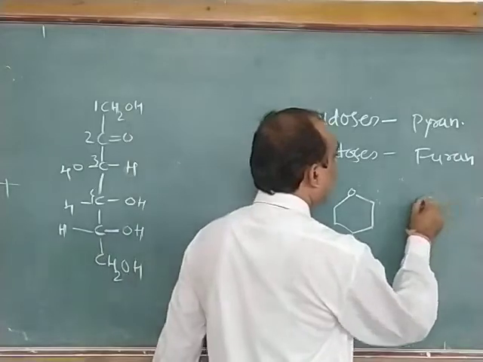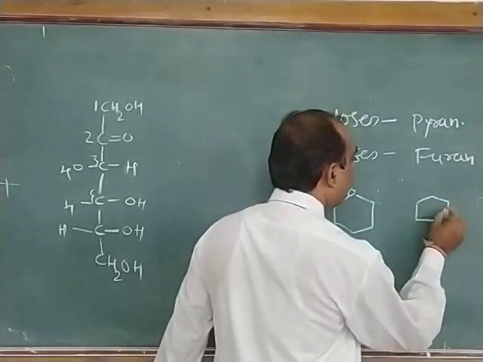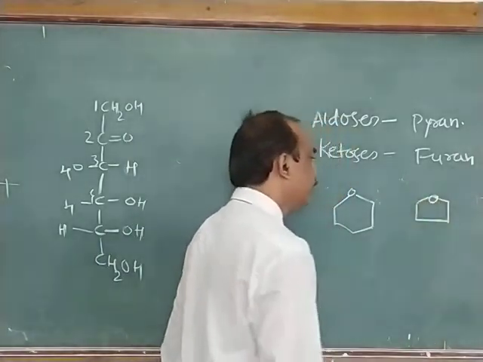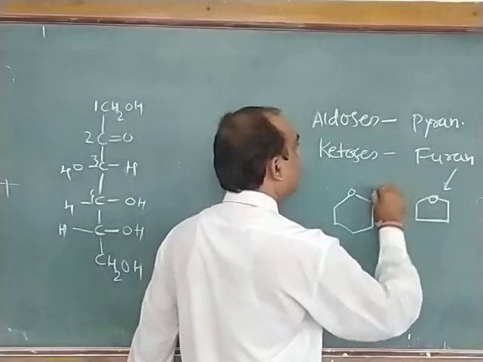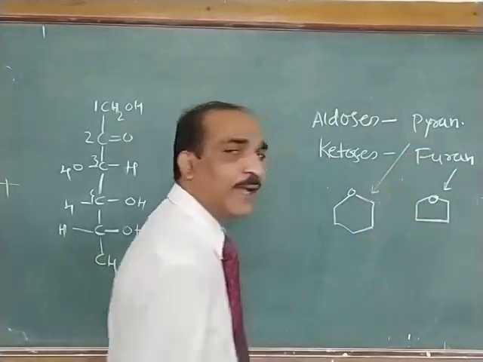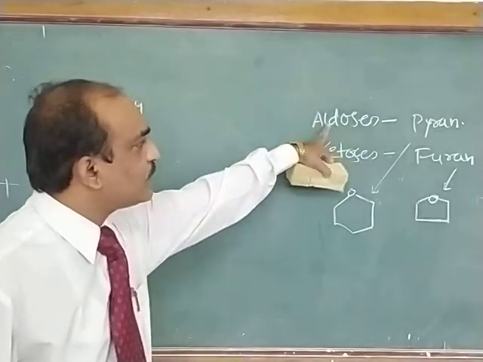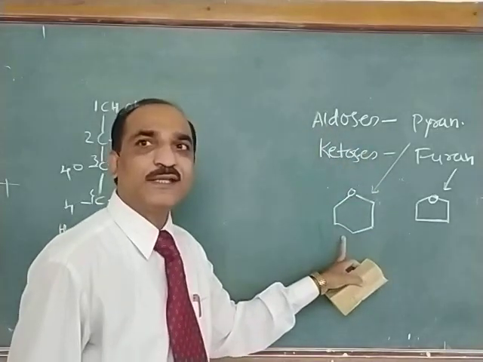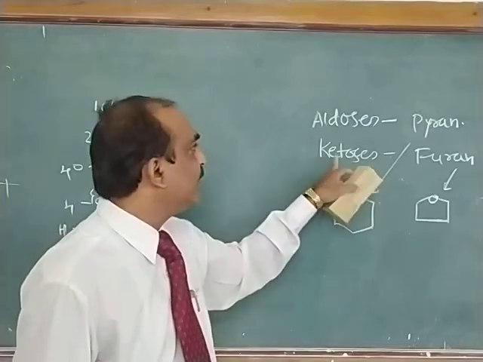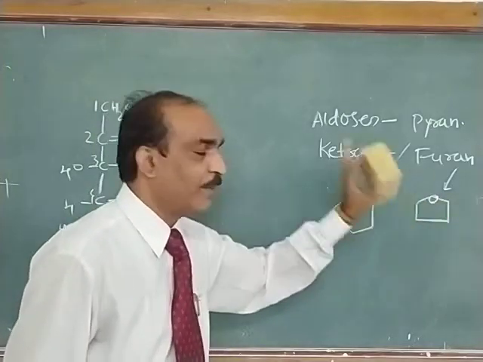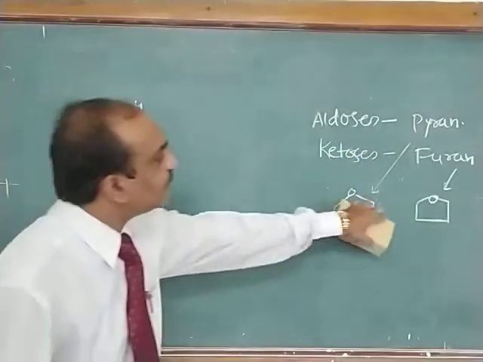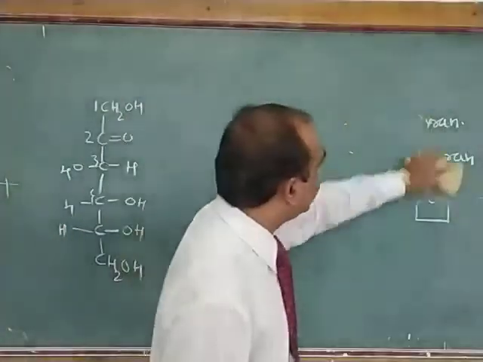In case of furan, you have a 5-membered ring. This is a furan and this is a pyran. So this happened in case of aldoses. When cyclized, we got this ring. In case of ketones, we are getting a 5-membered ring. So how do we get that 5-membered ring? We are going to study that.